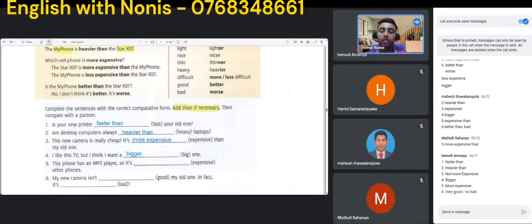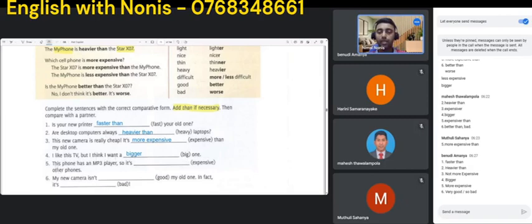I like this TV, but I think I want a bigger one. The noun is not given here, so because of that we simply say I want a bigger one.